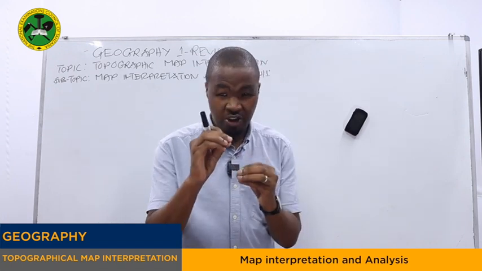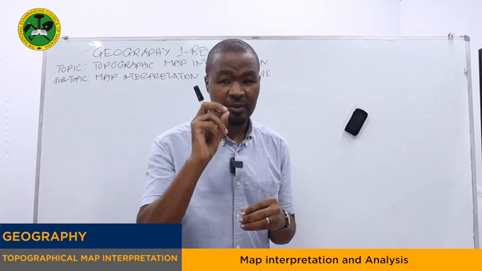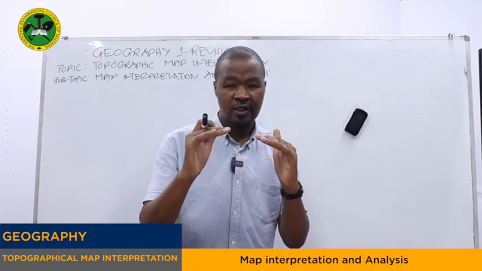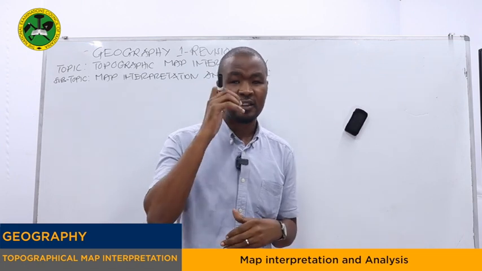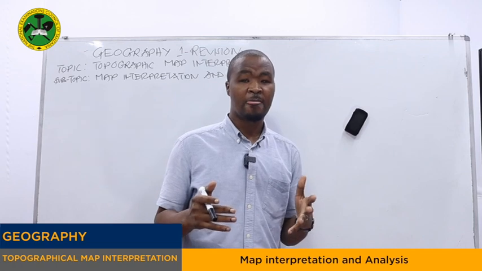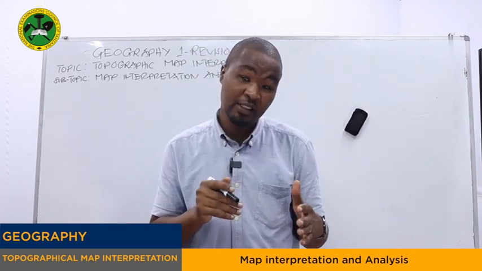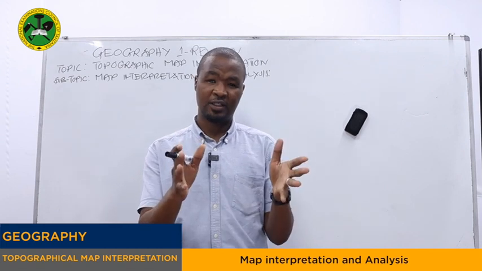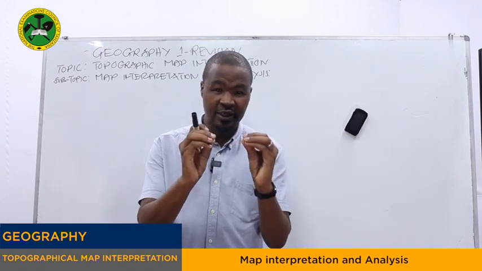It means there is a relationship between the general configuration of the land surface of the mapped area and the drainage pattern of the mapped area. Or sometimes we may be able to explain the relationship between the vegetation of the mapped area and the climate of that area. See? So there is a relationship.